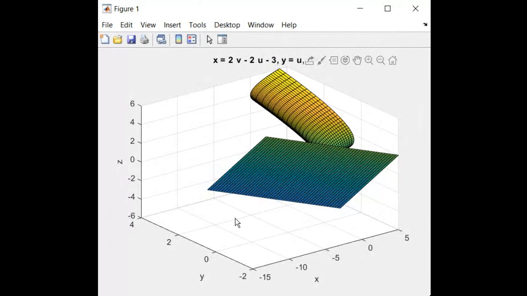Are you getting something like this? Who's getting something like that? I see I have a surface and a plane. Okay, Ellie's seeing that. Good. And Juliana is, excellent.